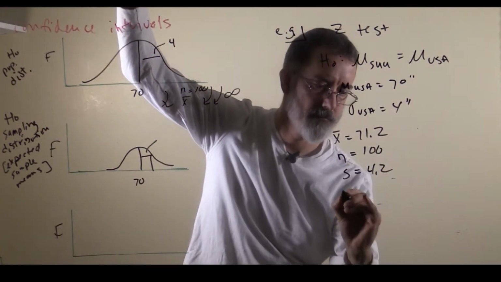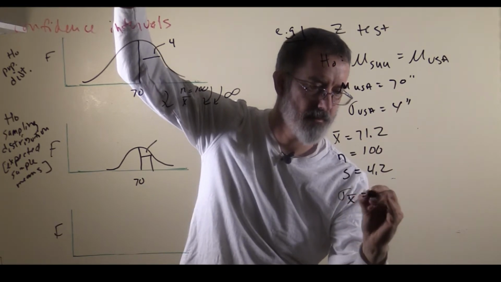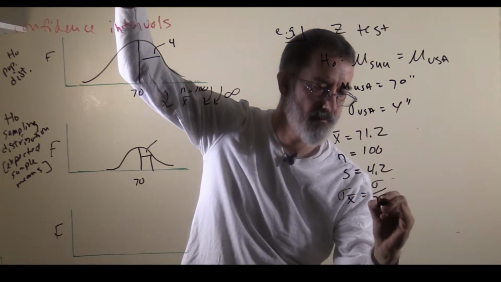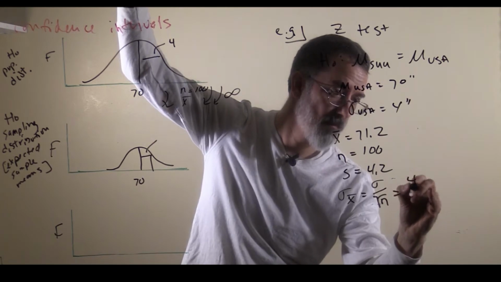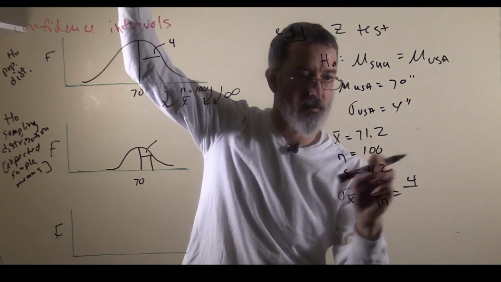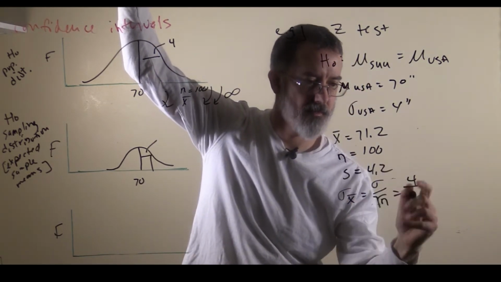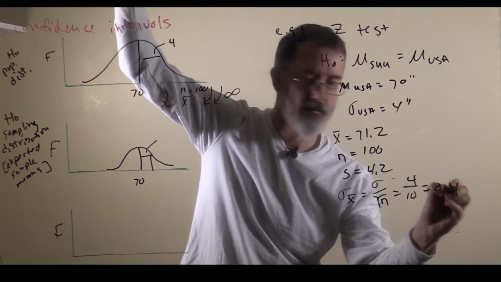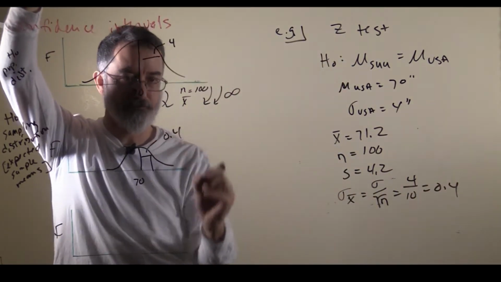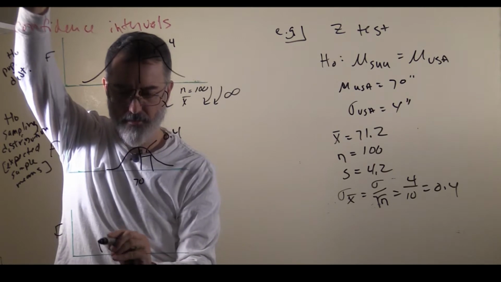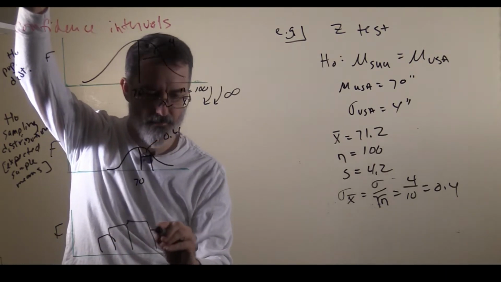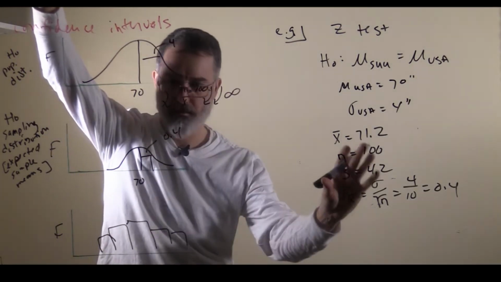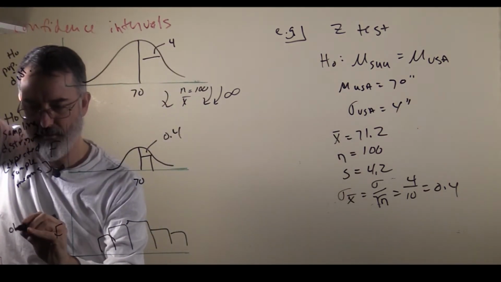Its standard deviation is going to be the population standard deviation divided by the square root of the sample size, so that's 4 divided by the square root of 100, which is 10. So 0.4.